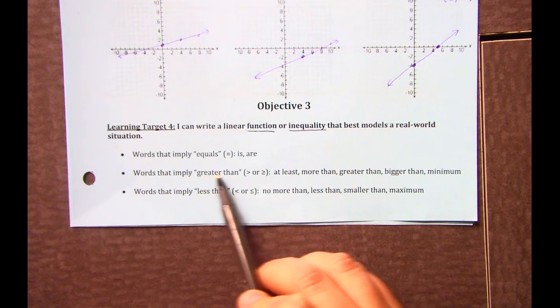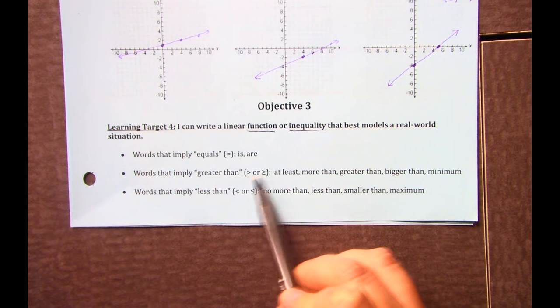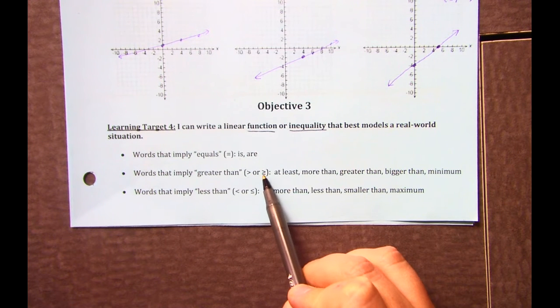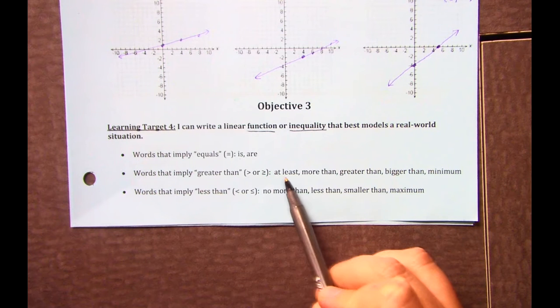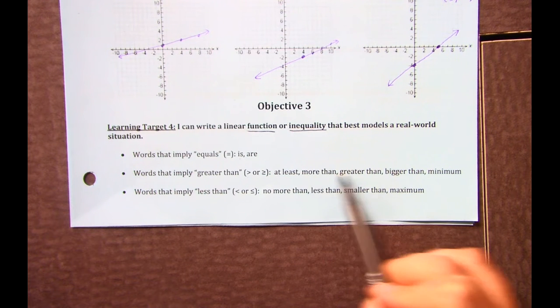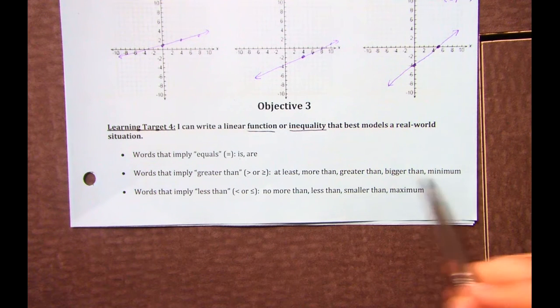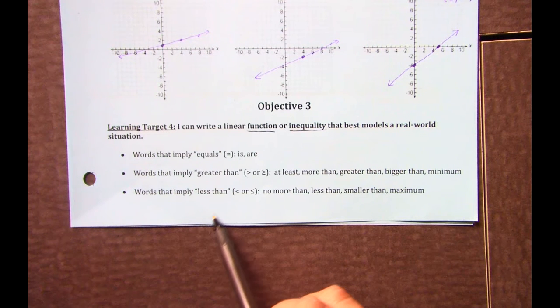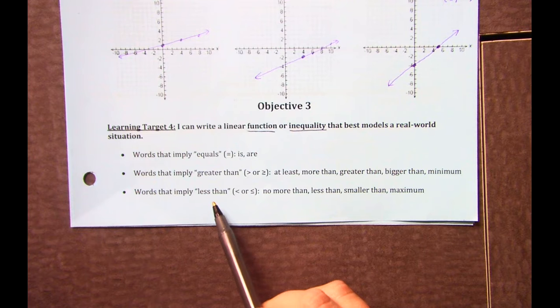So words that imply greater than, which would be one of these symbols, either greater than or greater than or equal to, depending on the situation, are at least, more than, greater than, bigger than, or at a minimum. Or words that imply less than. For example, I have $100 in my bank account, so I have to make sure to spend less than that.